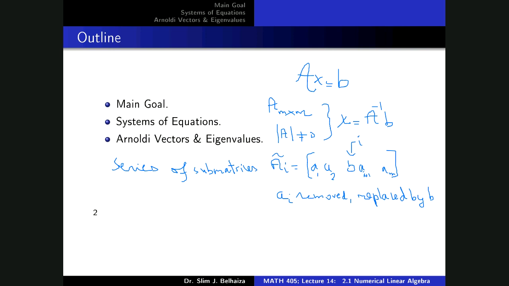In the case where A is invertible, the solution is equal to the following: x_i is always equal to the determinant of A tilde i over, guess what? The determinant of A itself. It's a very common and beautiful fact about the solution of square systems.